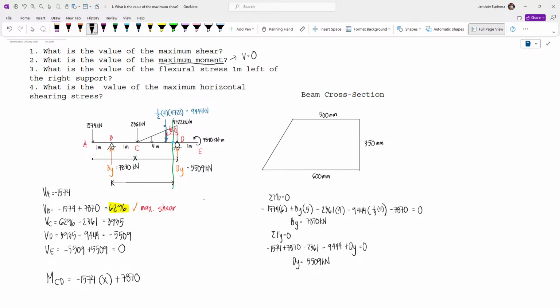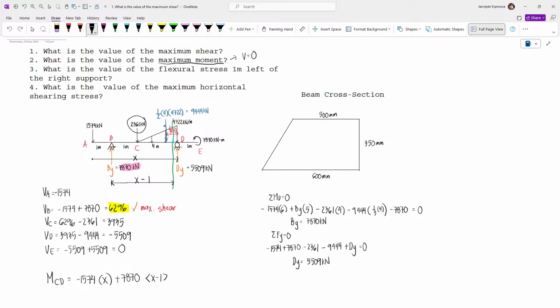Now this is x minus 1 meter. I hope agree ra. So x minus 1. This is our moment arm. Again, we have this load. And then our moment arm, or the perpendicular distance going to the cut, we have x minus 1.